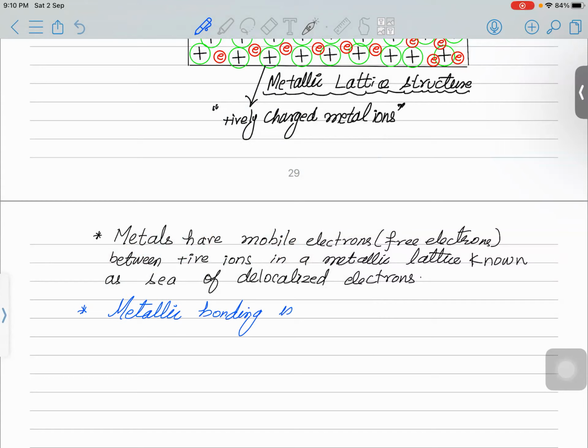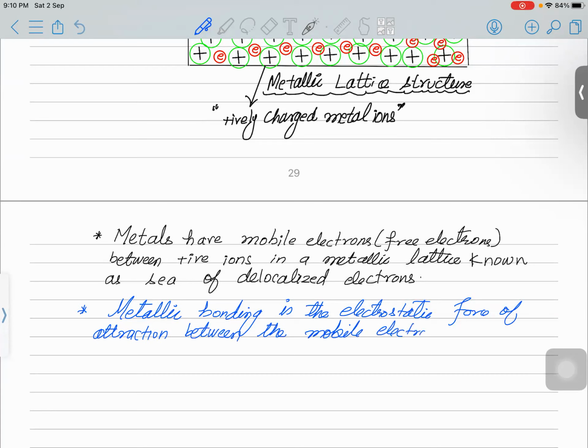Metallic bonding is the electrostatic force of attraction between the mobile or delocalized electrons and positive metal ions within a solid metal.